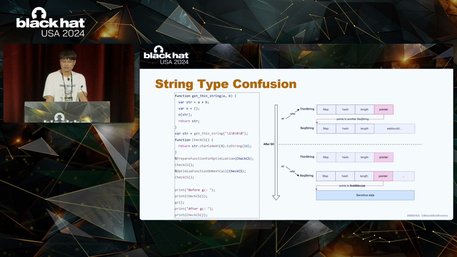Instead, the pointing relationship of the variable string can be directly updated, pointing directly to the sequence string and releasing the useless thinString. Since the function checkcs still assumes that the variable string is of type thinString, the operation of reading data from the string in the function will be specialized to obtain the pointer on the string, dereference it, and read the data from the pointed memory. In this way, we can trigger the vulnerability by adjusting the string content to read arbitrary addresses within the V8 heap, thereby causing sensitive information leakage.